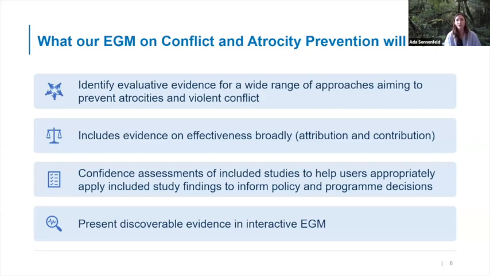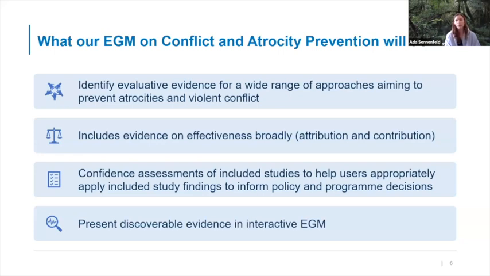What's interesting here is that we're not just looking at traditional development approaches, like your standard development and peace-building interventions, but we're also looking at approaches such as diplomacy and international human rights law and other mechanisms that the international community writ large has at its disposal in order to hopefully prevent violence and atrocities. So we're going to be including in this map a large range of evidence on effectiveness.